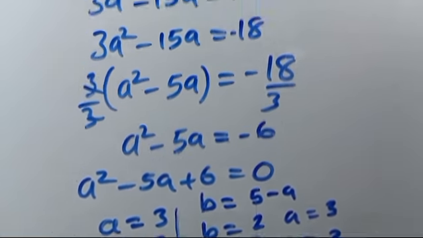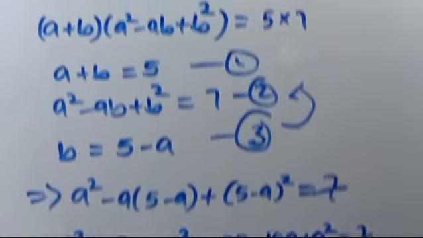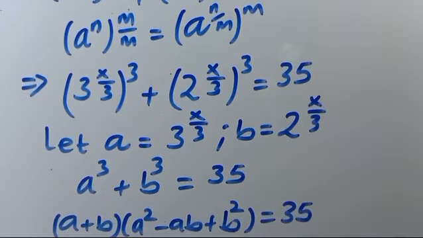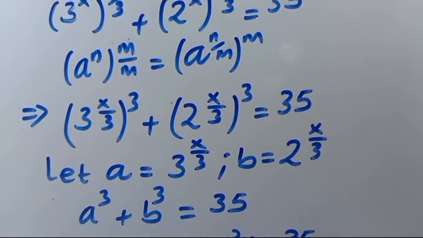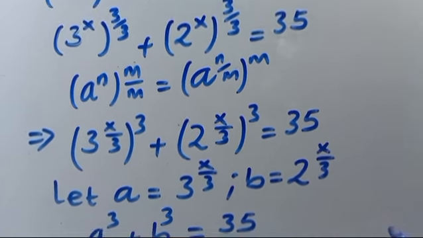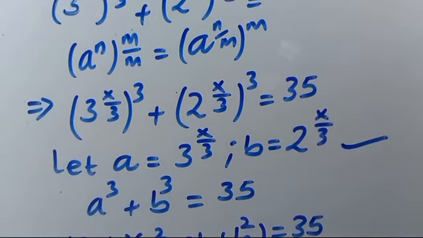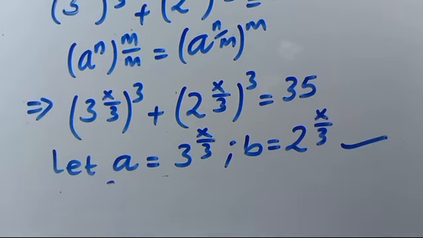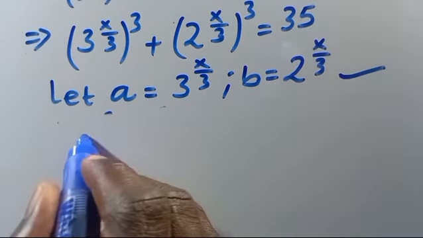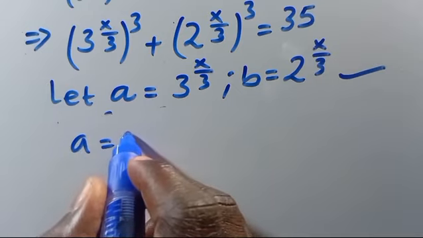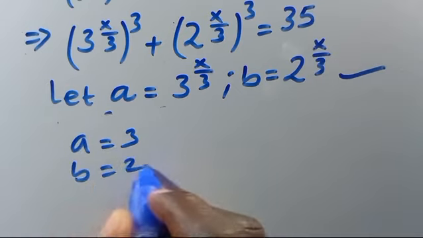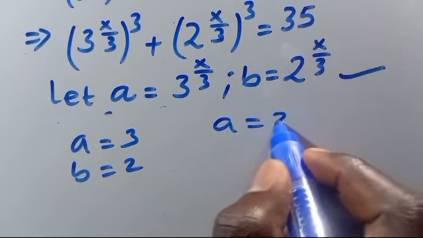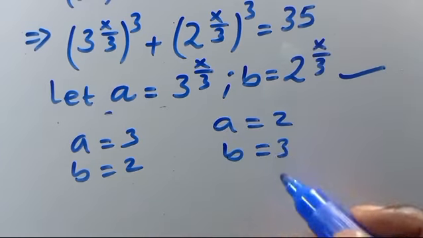Then let us now go and get the positive value of x from this side. a equals 3, b equals 2. When a equals 2, b equals 3.